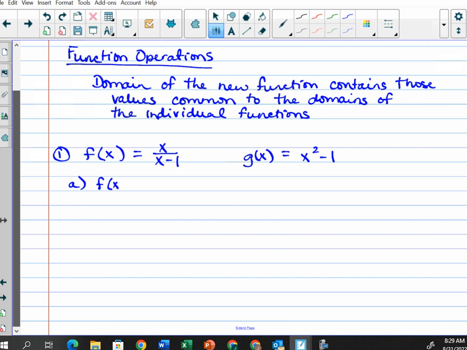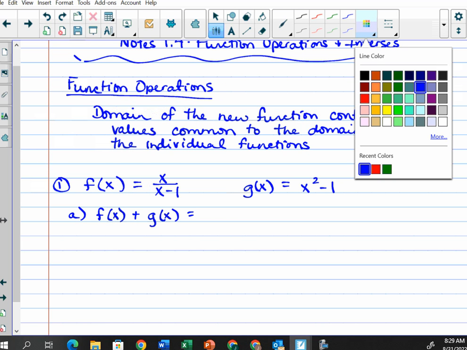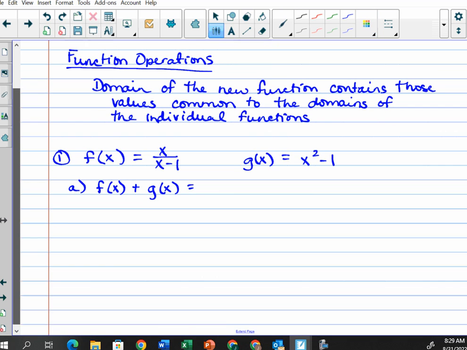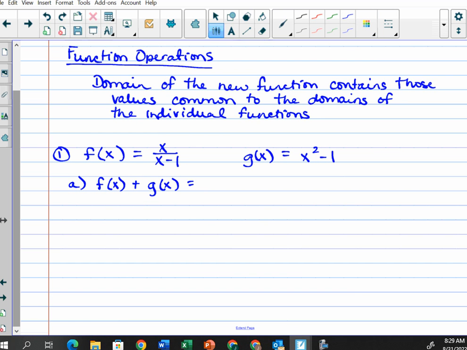Part A, we're going to find f of x plus g of x. So I'm just going to write the f of x function, the x over x minus 1, plus x squared minus 1.